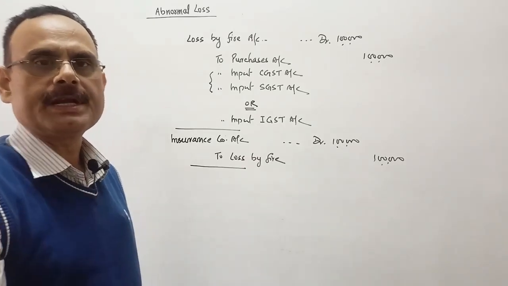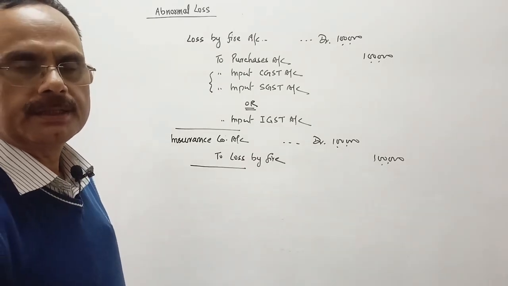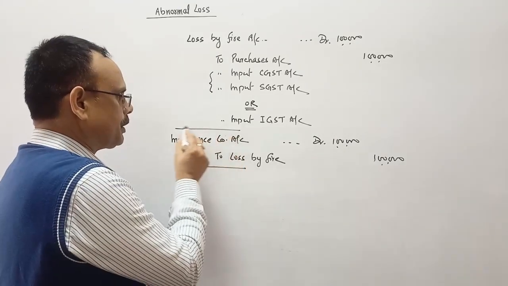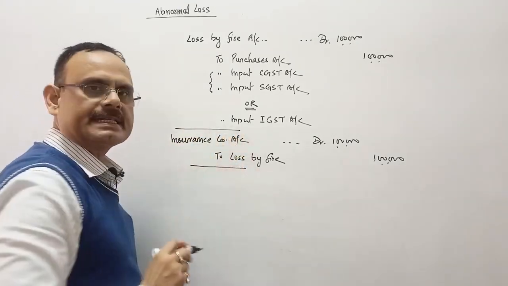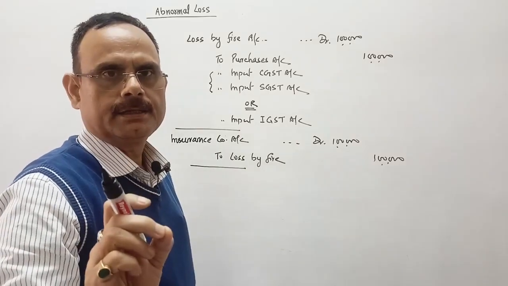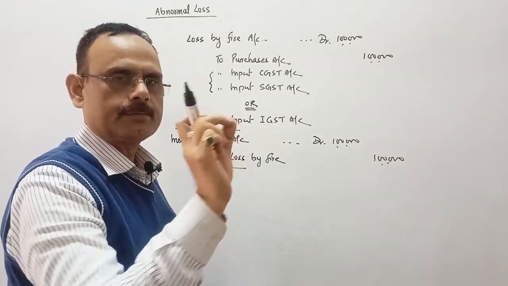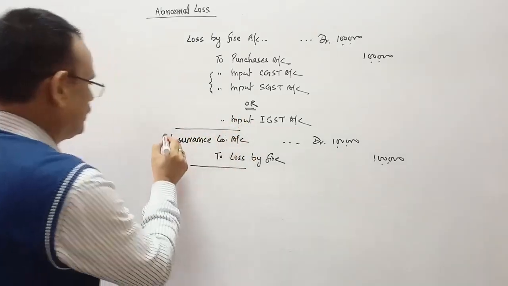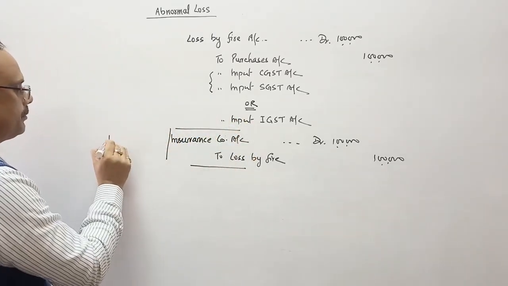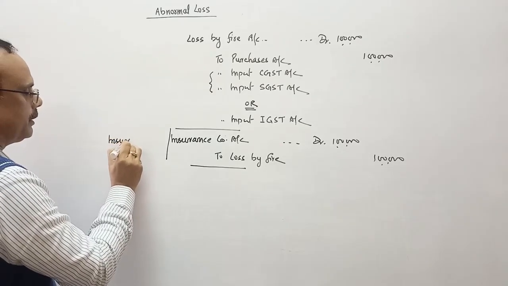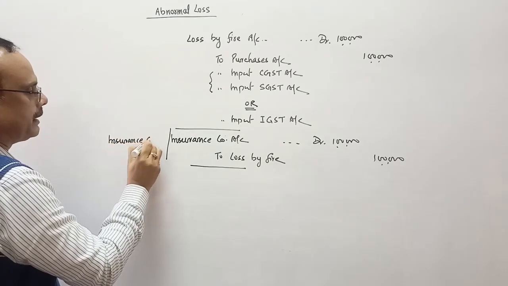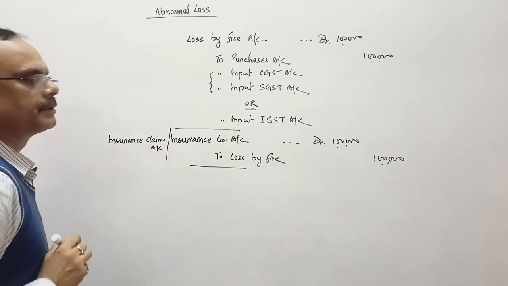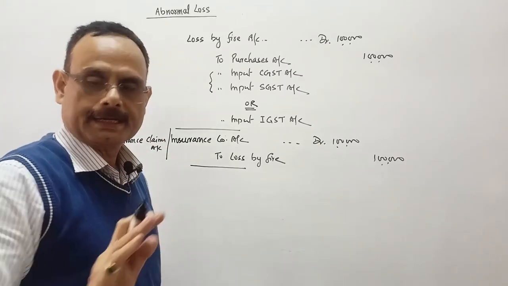Then there is no loss. So this insurance company will be reflected in the balance sheet asset side, maybe in the name of insurance company, or you may write insurance claim account.